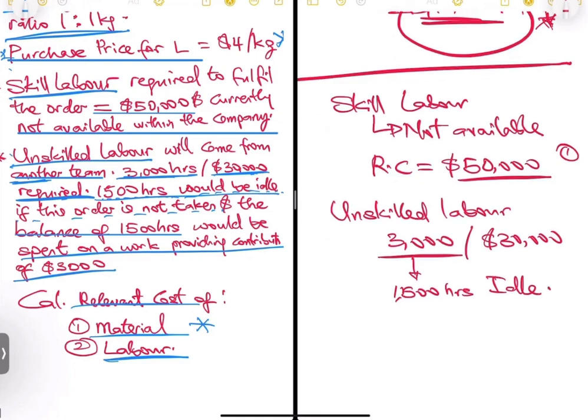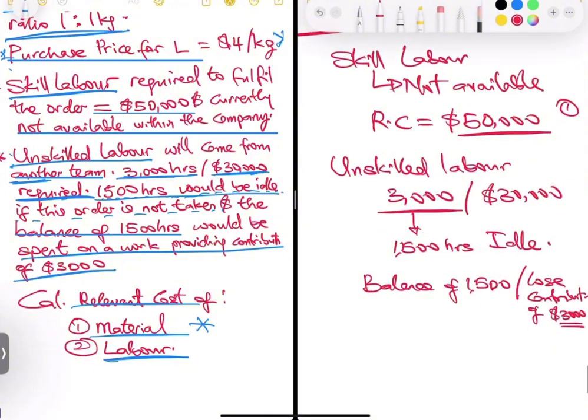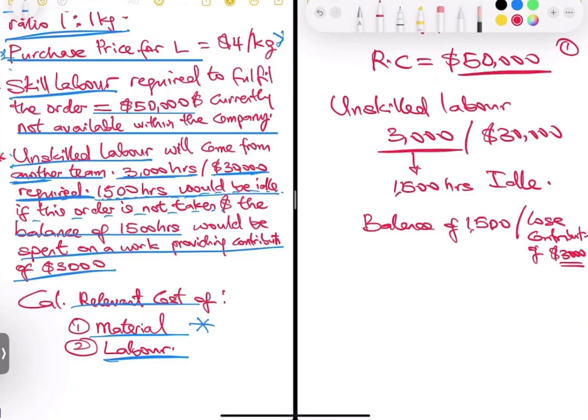And the balance of 1,500 hours will make us lose contribution of $3,000. What is the relevant cost?